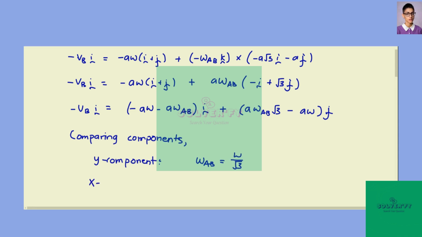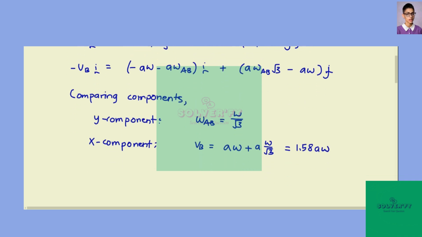Then from the X component, we know that VB is equal to A omega plus A omega over root 3, which is equal to 1.58 A omega. Remember that this is to the left. So this is our velocity of point B.